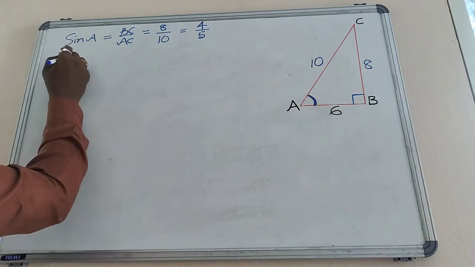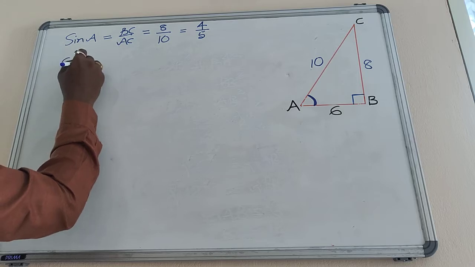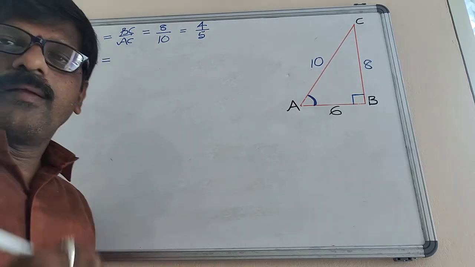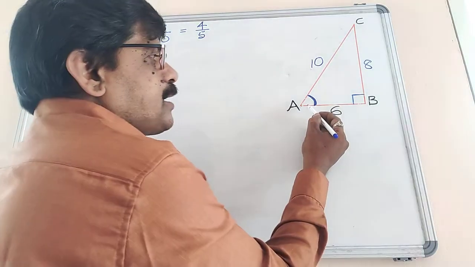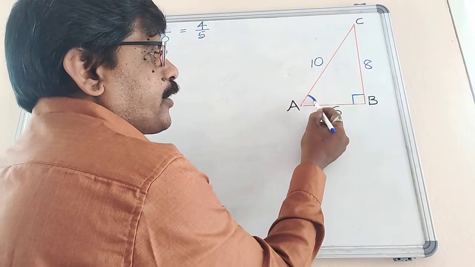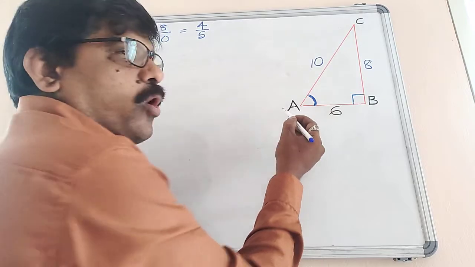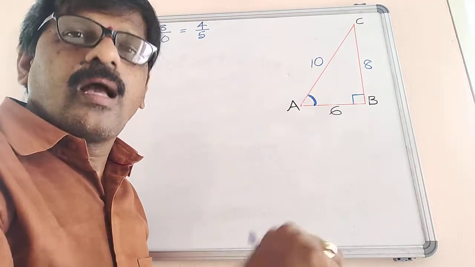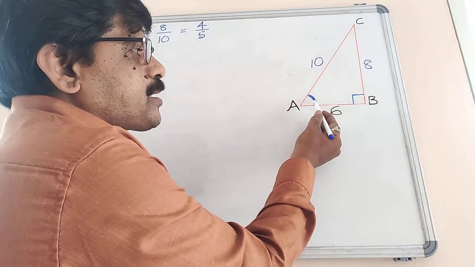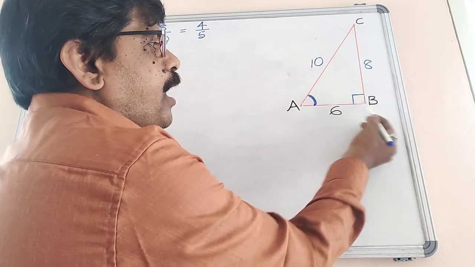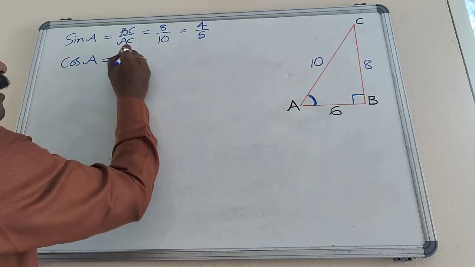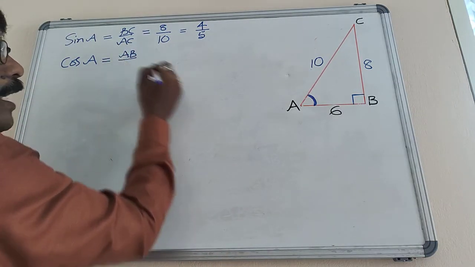Now we can take cos A. In this, cos A means adjacent side to A. Acute angle denote chesam kabatti cos means adjacent side to A by hypotenuse. A ki adjacent side em untundandi? AB. Hypotenuse enti? AC. Now we can write AB by AC.